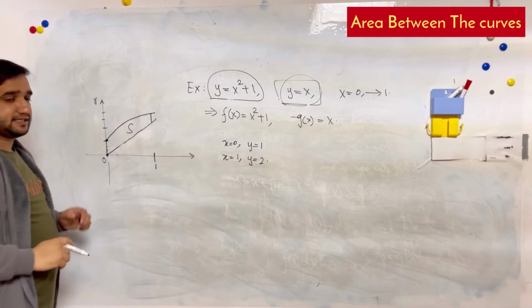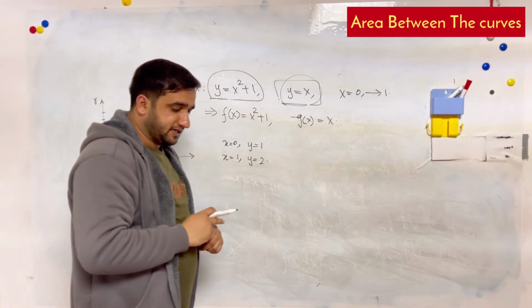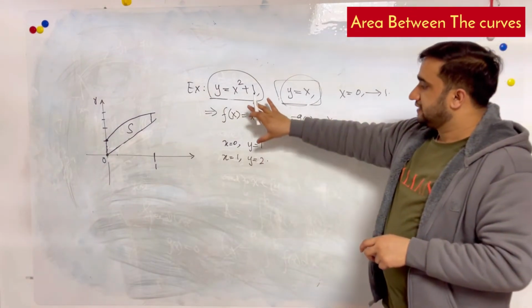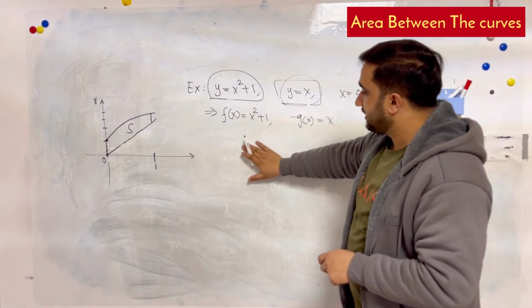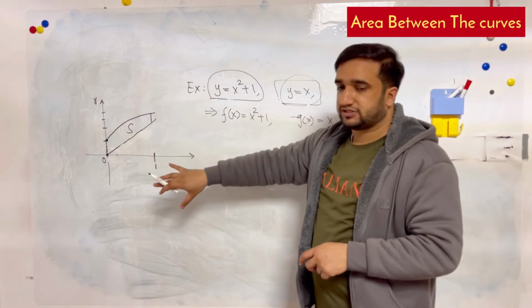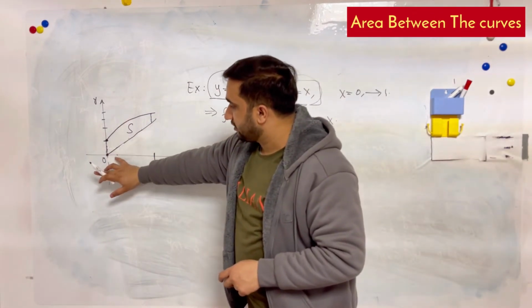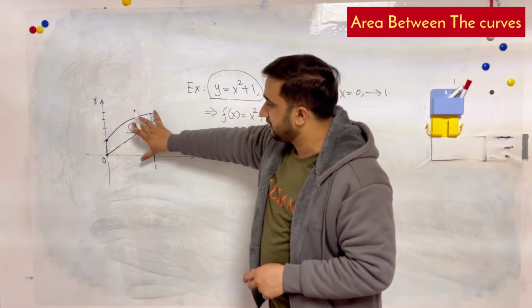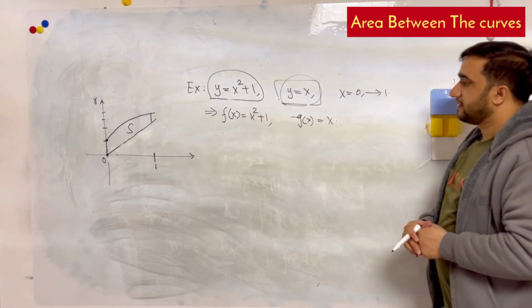This whole is the area which I want to calculate using these two functions. If you keep 1 here, then it will become like this. So I expanded the 1 so that you can watch it closely.